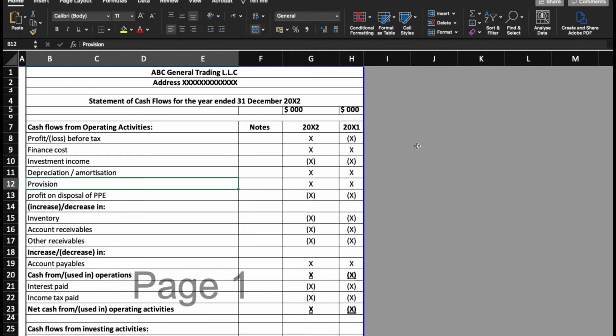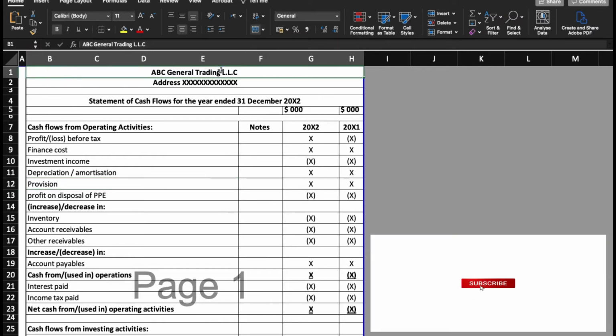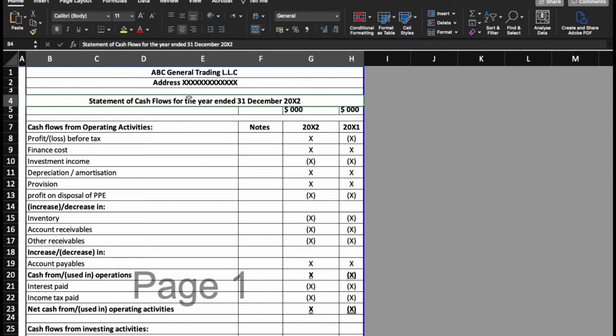There are important things you should not forget while preparing your cash flow statements. These are the name of the reporting entity, address, reporting period or reporting year, and reporting currency.